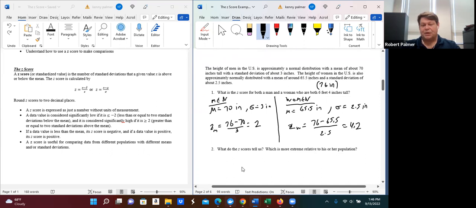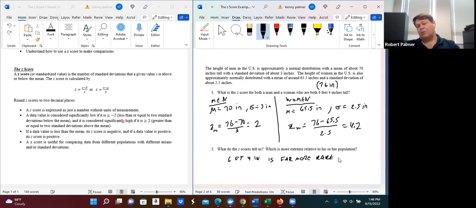So what the z-score tells us is that 6 feet 4 inches is far more rare for women than men. That's basically what we'd expect.